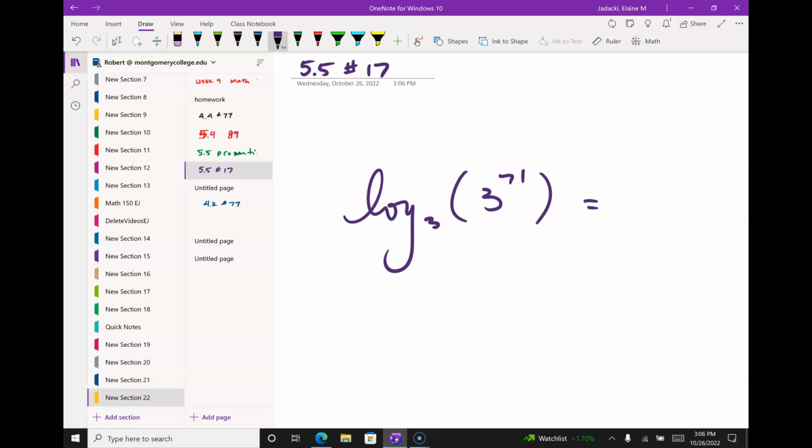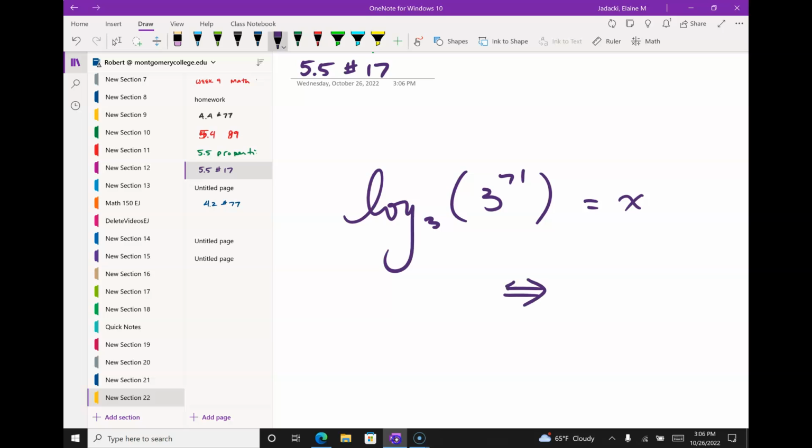The base is 3. So if you don't know the answer, we could call it x, and then I could translate, but this is easier than that. Log base 3 and 3 to the x are inverse functions. So what should I get as the answer? 71.